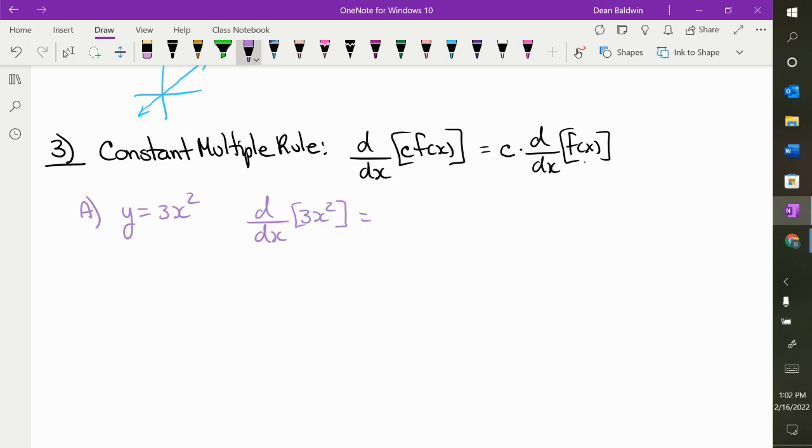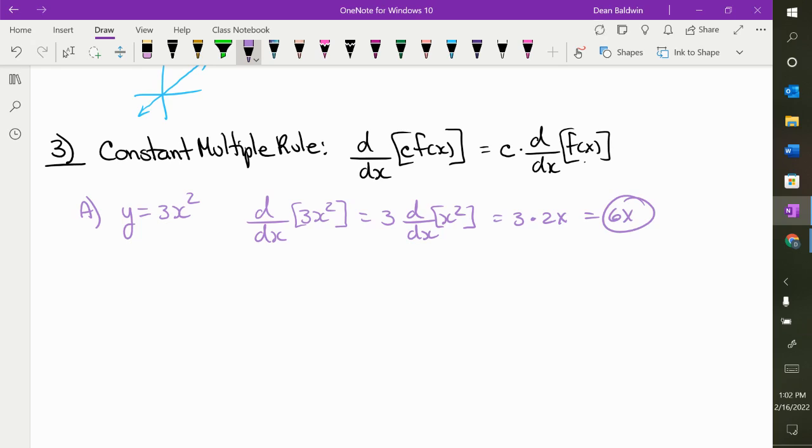What can I do with the 3? You just pull it out, and then do the derivative of x squared. What's the derivative of x squared? 2x, right? Because you drop the exponent, take away 1. So I get 3 times the derivative of 2x, which is just 6x.